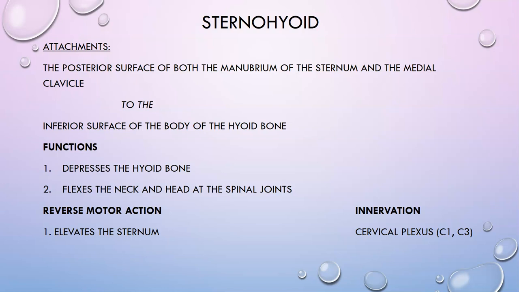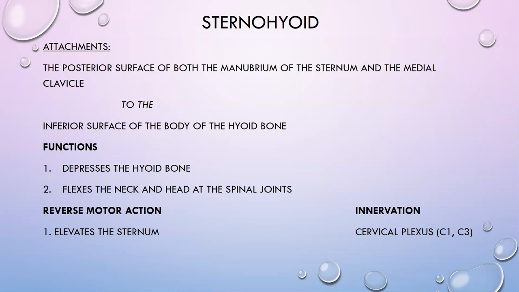So what does that mean when you see in brackets C1, C3? When we take the spine, we'll understand that there is a foramen when we look at the stacked spinal bones, or the spine bones of the C-spine and the T-spine and the L-spine. There's a foramen there, and that foramen is where nerves either enter into the spinal cord or exit the spinal cord. So when we're talking about innervation, we're talking about motor innervation.